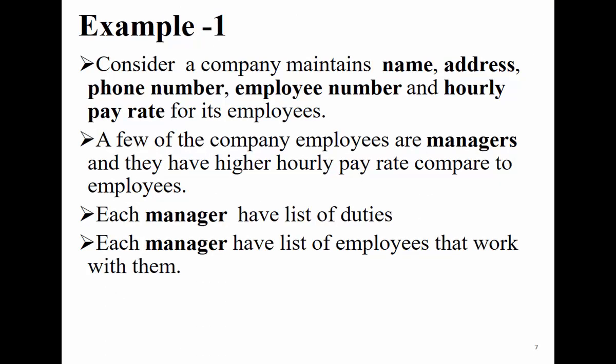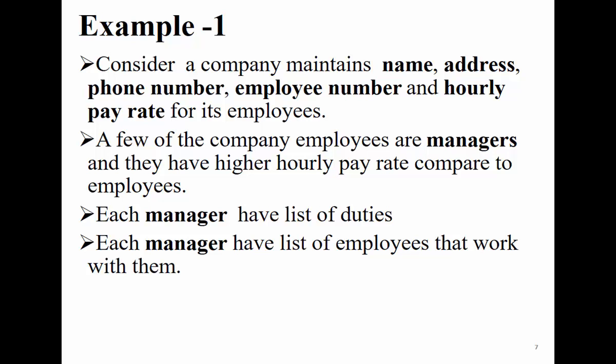This is an example we discussed last time. We say that we have a company. This company maintains name, address, phone numbers, employee numbers, and hourly pay rates for each employee. So these are the features or the fields that are already maintained for each employee. A few of those employees are managers. And once we classify an employee as a manager, the hourly rate is very high compared to the employee.